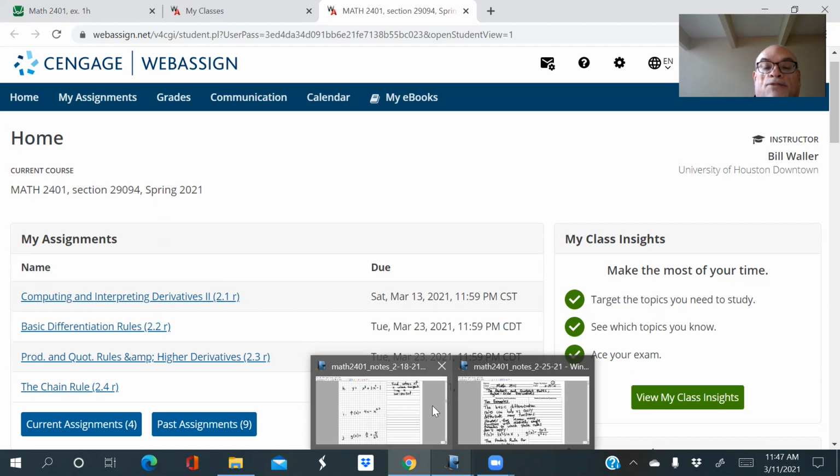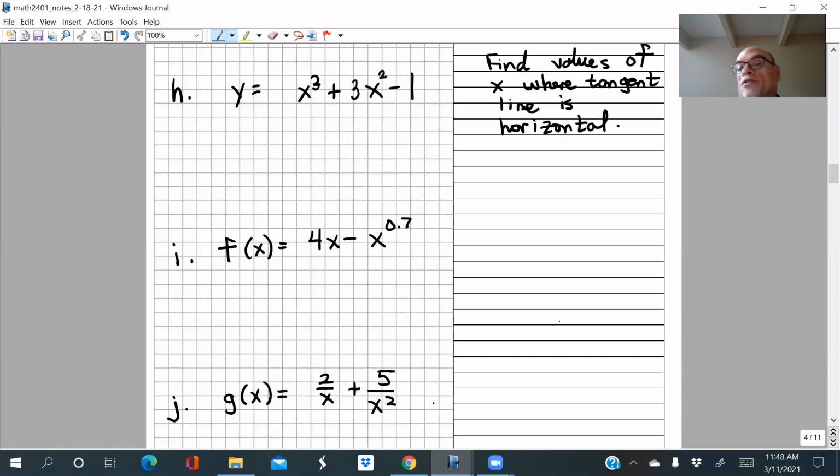Okay, let me switch now to the notes then. And last time we were going through our basic differentiation rules. These are the basic rules we're going to use to find derivative functions. We learned 4 rules last time, 3 of which are really key.